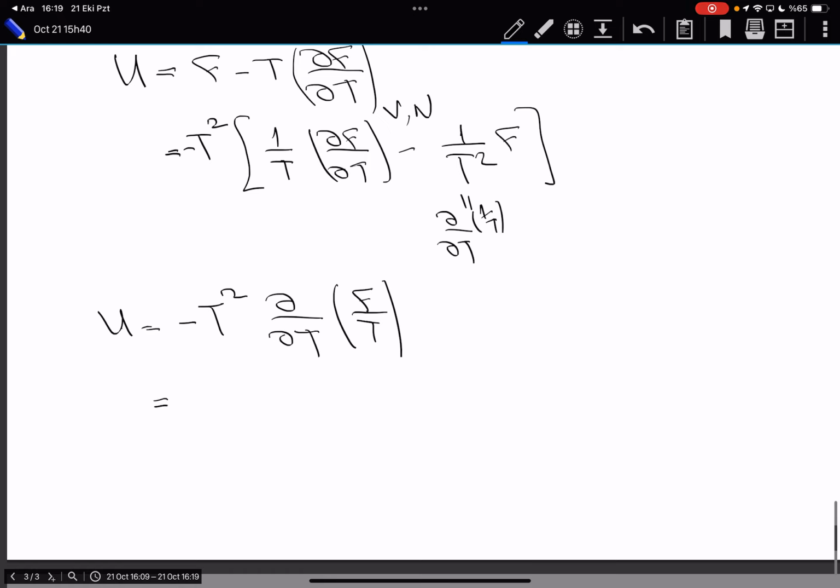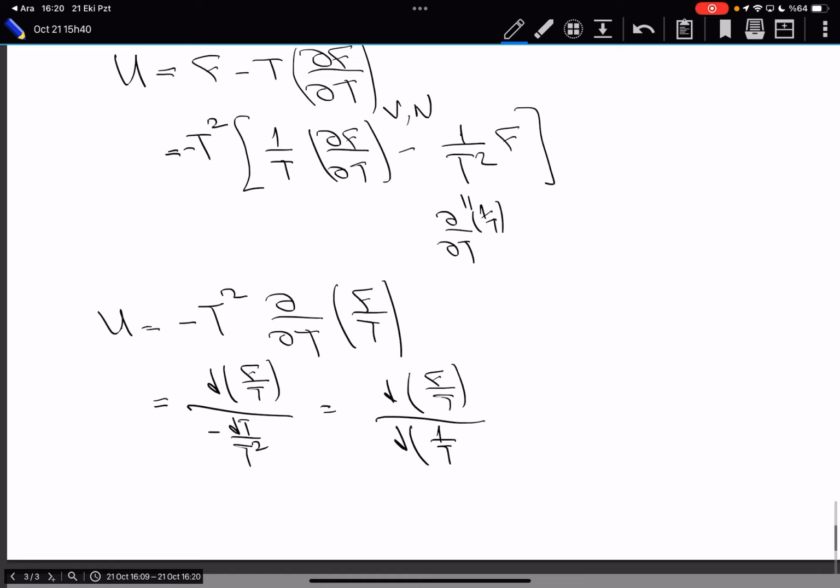which I can write as differential of F over T divided by minus dT over T squared, again keeping in mind that when I'm calculating these differentials I'm keeping N and V constant, which is differential of F over T divided by the differential of 1 over T, which is differential of beta F with respect to differential of beta, or the derivative of beta F with respect to beta.